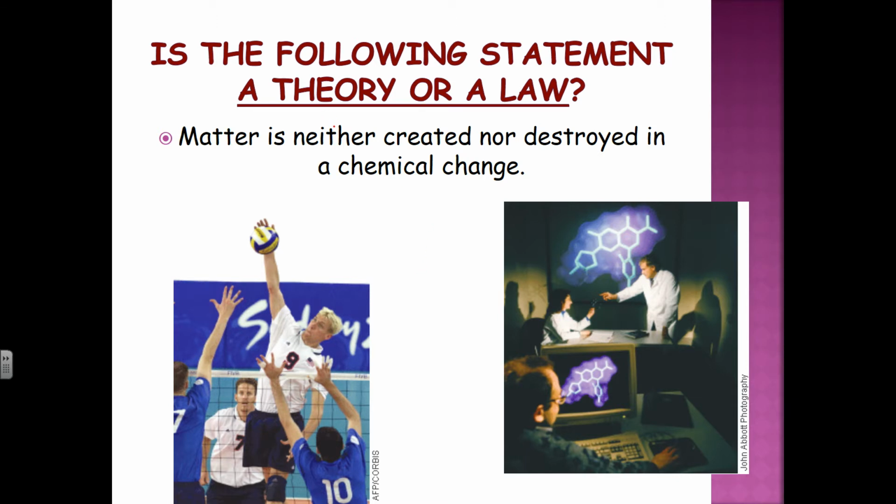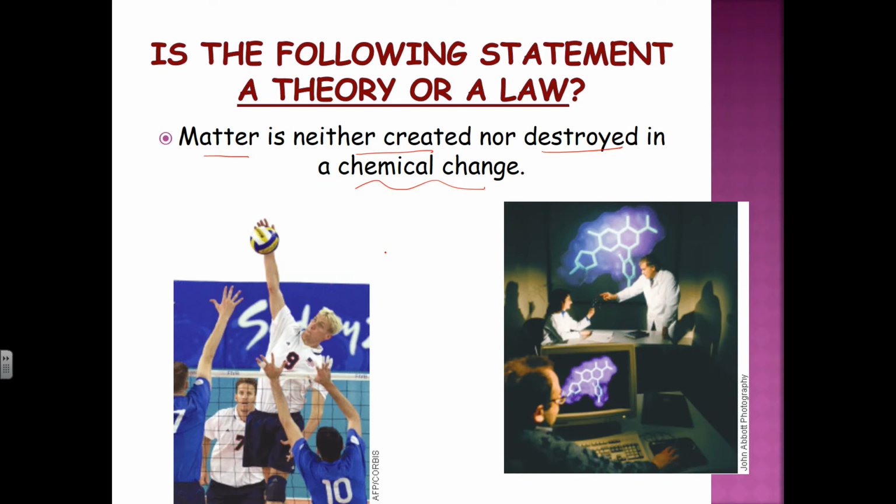All right. Hopefully, you said that this is a law. This is called the law of conservation of mass or the law of conservation of matter. It says matter is not going to be created, nor is it going to be destroyed during a chemical reaction.